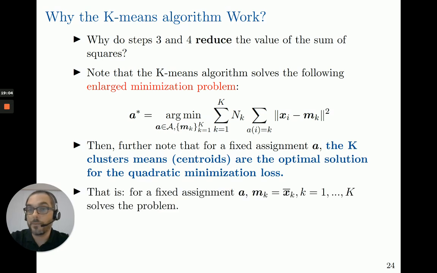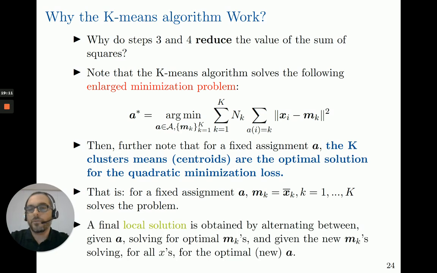That's the mean. So for a fixed assignment, M equals X bar solves the problem. So a final local solution is obtained by alternating between solving for the optimal M's, and given the new M, solving for the optimal new A. This way we can assure that we are reducing the sum of squares.